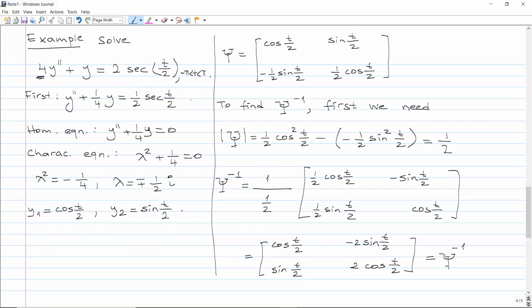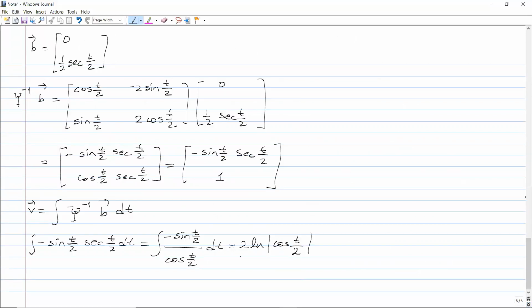So for t over 2, at the endpoints, minus pi and pi, t over 2 is minus pi over 2 and pi over 2. Between minus pi over 2 and pi over 2, cosine is not 0, it's positive. So secant t over 2 is continuous.